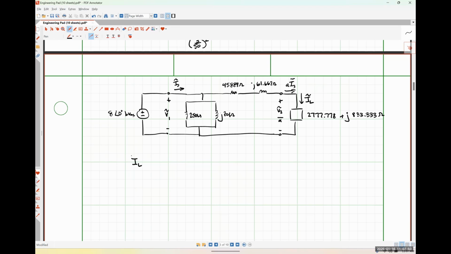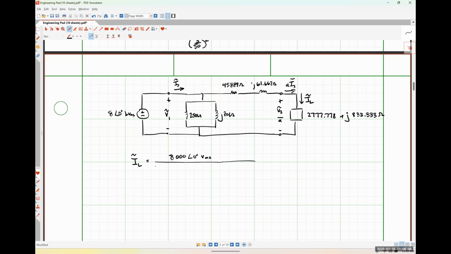So just using nothing more than good old-fashioned Ohm's law, I believe that we should have a voltage of 8,000 angle 0 degrees volts RMS in our numerator.